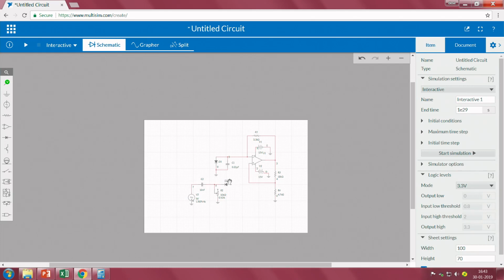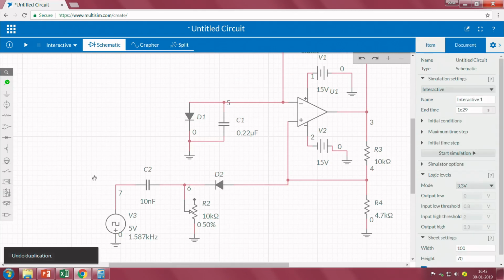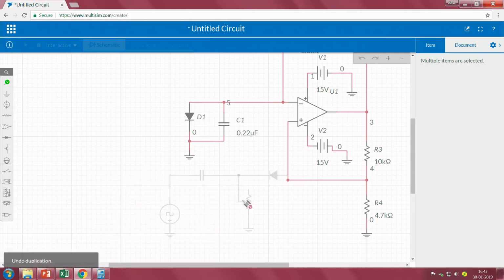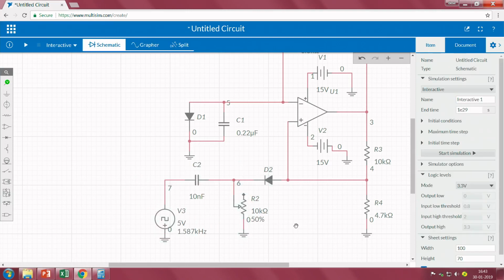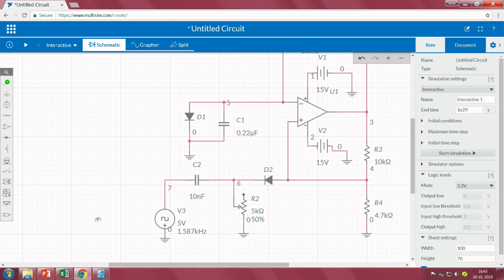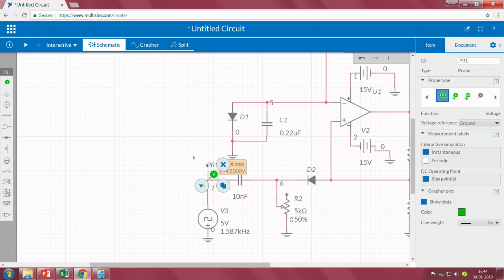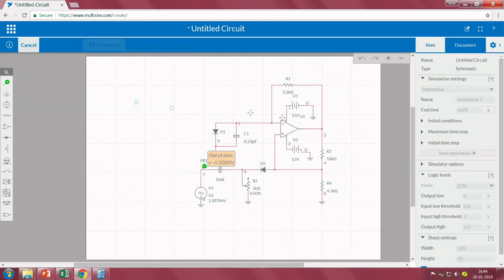That is just for our visualization purpose we have connected. I am connecting to this. So replace with 5K. So I will take 2 probes, one at this point, other one at this point.